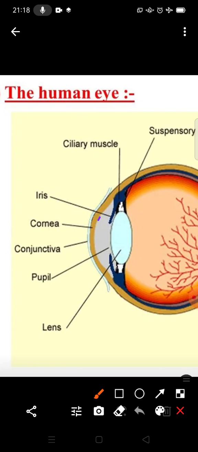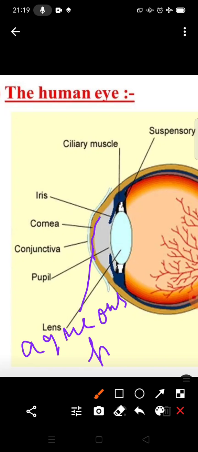There is also a fluid called aqueous humor. Aqueous humor.